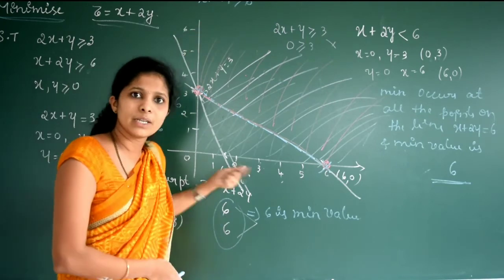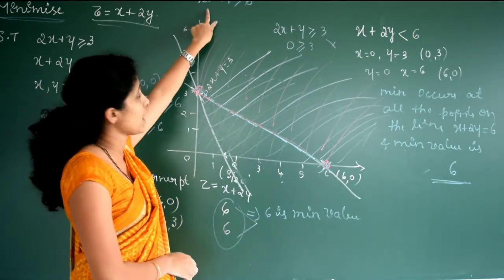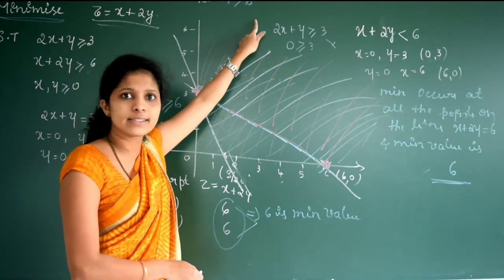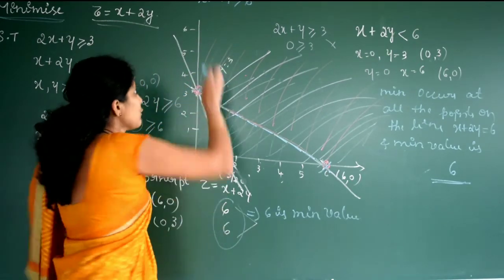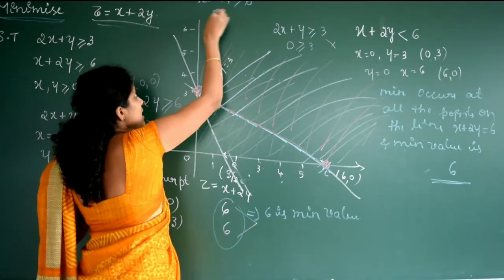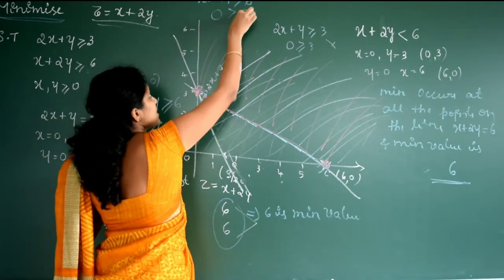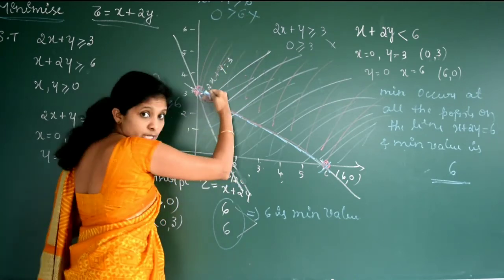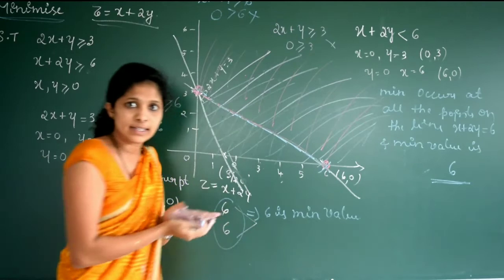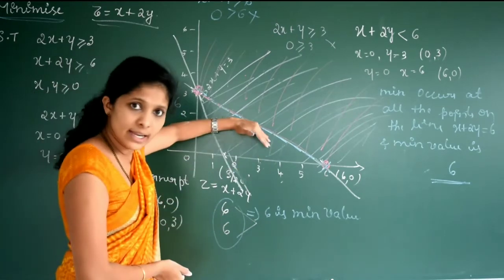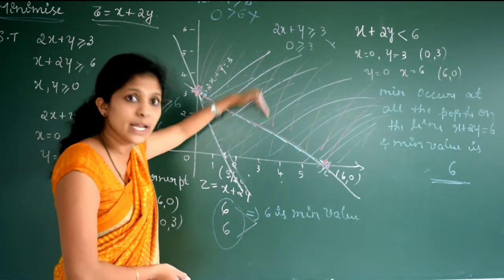We don't know whether it is a minimum or maximum, so now you have to consider x plus 2y greater than 6, because we are finding the maximum value, right? Now if you substitute the origin, 0 greater than 6, is it true? No. So the solution region for this one, not the below one, will be upwards. Is it clear? To find the maximum, okay? So this will now be upwards.